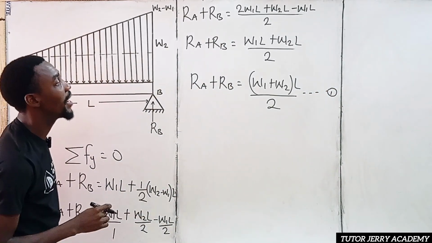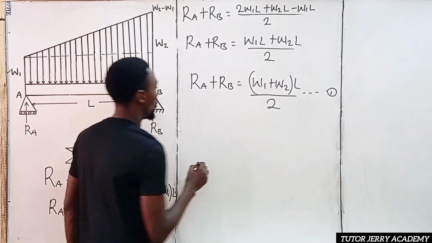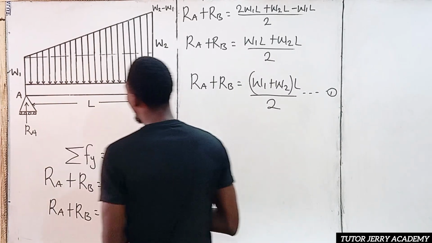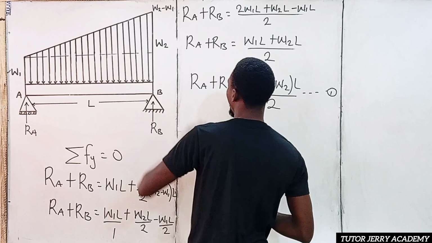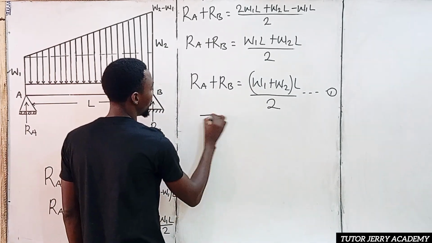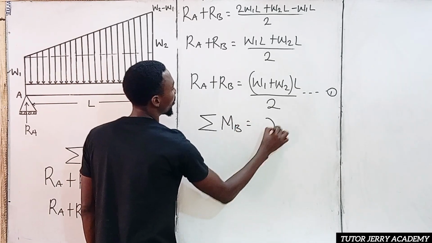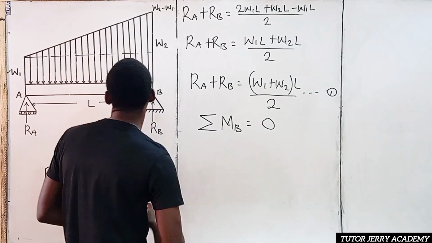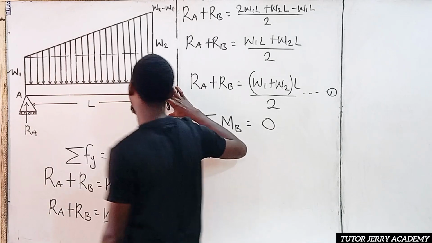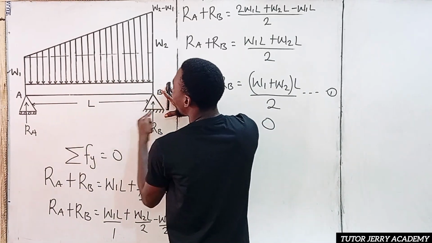Alright. So the next thing we are going to be doing is we are going to be taking our moment. So we are going to take moment along what? Along B direction. So we are going to say moment, that is the summation of moment about B, will be equals to what? 0. Alright. So now, if we are taking our moment about this point, we are going to start with RA multiplied by what?